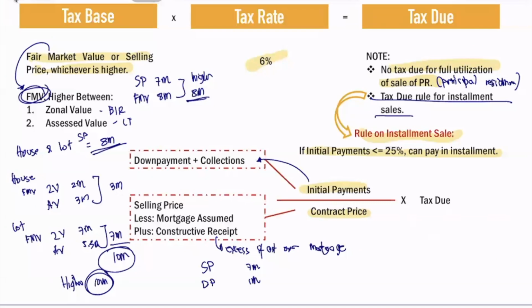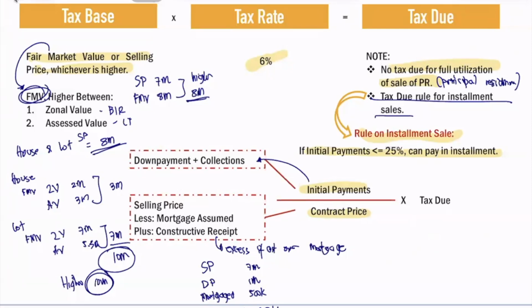And then the property is mortgaged for 500,000, and the cost of the property is only 600k.